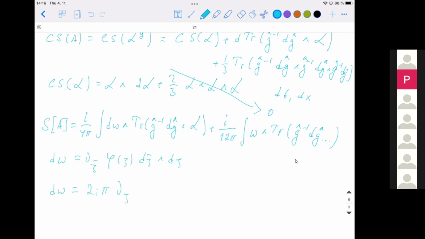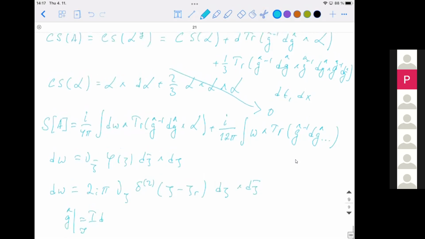This dz, and then of this, and bar. So since G hat is identity at infinity, the distribution from infinity will disappear.